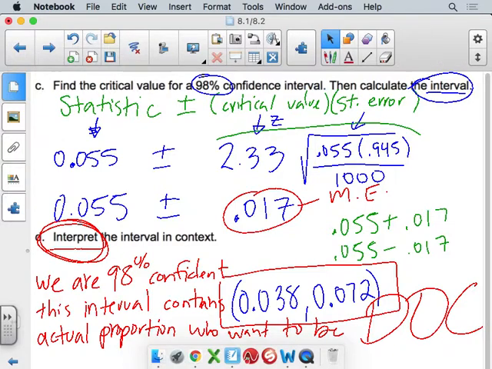Somewhere in this interval, based on our sample, the best that we could do, it could be 3.8%, it could be 7%, somewhere inside there is the actual percentage. We have no way of knowing unless we surveyed every kid under 12, but to the best of our understanding, it's somewhere inside of there.